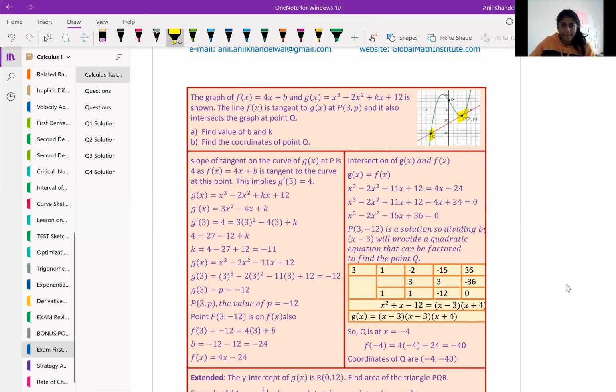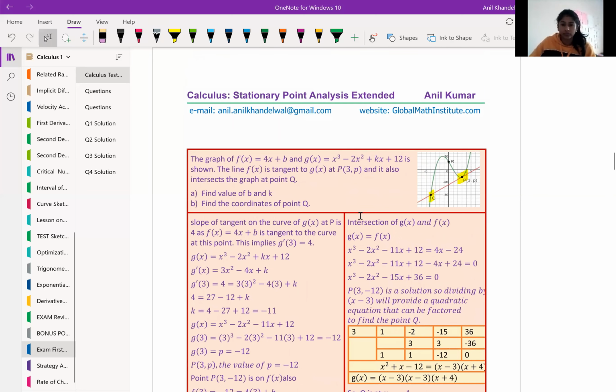The graph of the function 4x plus b and g of x equals x cubed minus 2x squared plus kx plus 12 is shown. Line f of x is tangent to g of x at P as shown here, and it also intersects at Q. You have to find the value of b, which is part of the line, and k, which is part of your cubic function, correct? And then point Q.